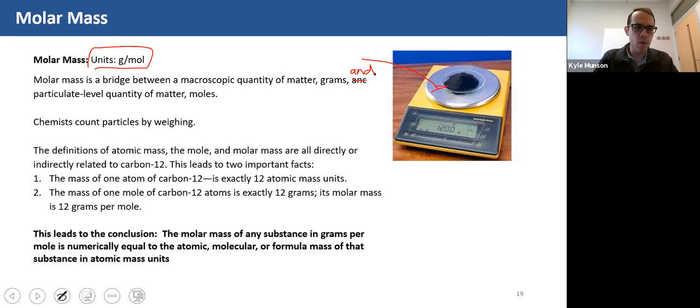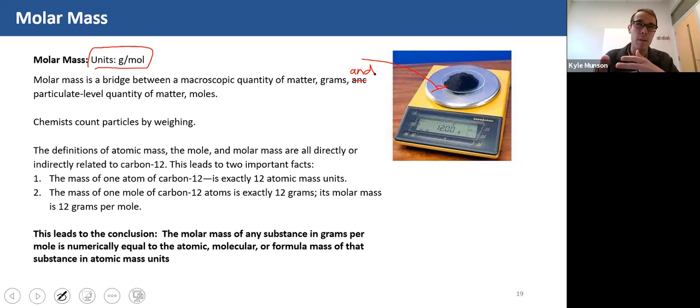Okay, so the definitions of atomic mass, the mole, and molar mass are all directly or indirectly related to carbon-12, which leads to 2 important facts. The mass of 1 carbon-12 atom is exactly 12 atomic mass units. And that's something we saw before when we were talking about atomic mass units.